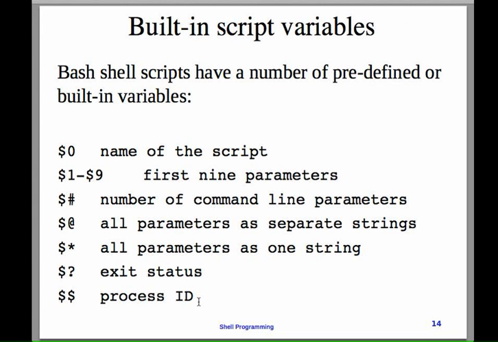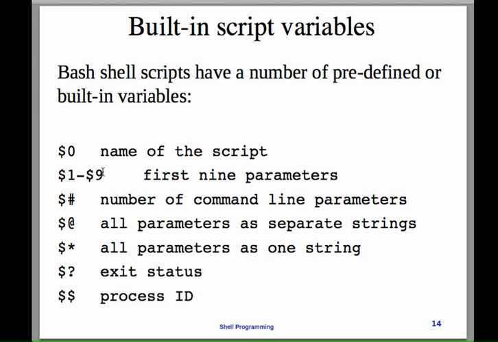There are some built-in script variables. So $0 is the name of the script itself. This is sort of similar to C programs. We'll see this later in C programs. You can have any number of parameters, that is command line arguments for your script, but only the first 9 are named.